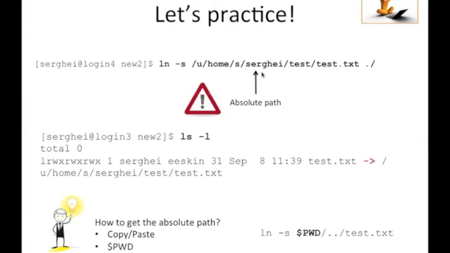The tilde is all right because it will be your home directory. But any other assumptions, like one level up and stuff like this, which tell about the relationship between the current directory and where the file is located, break if you change the current directory. So I really encourage you to use the absolute path when we create the link.